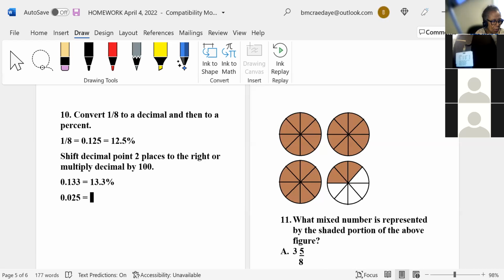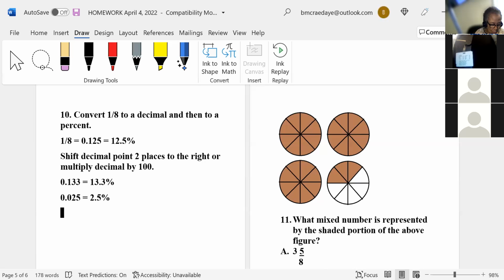That's a decimal. What would it be if it were a percent? 2.5. That's it. Very good. You just say 2.5%.